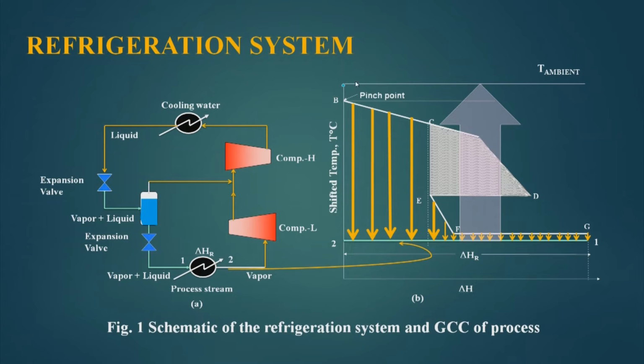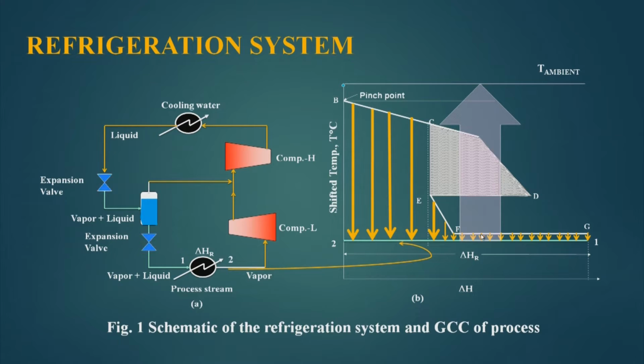So, basically this is the cooling water line of the condenser, and this heat is taken up from this level and ejected at this level, which is the atmospheric temperature of the cooling water. So, basically we are lifting heat from here to this point.